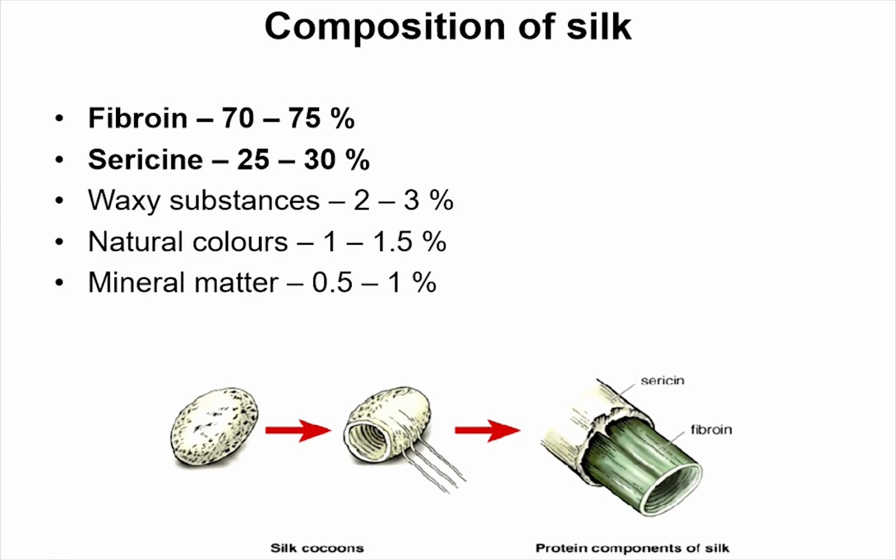This sericin is a protective layer which binds the two silk filaments. See the picture. The silk filament is taken from the silk cocoons, and it is reeled. After that, it will be a silk fiber covered with a protective layer called sericin.